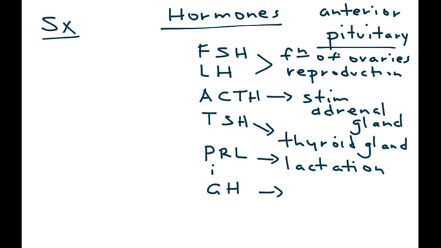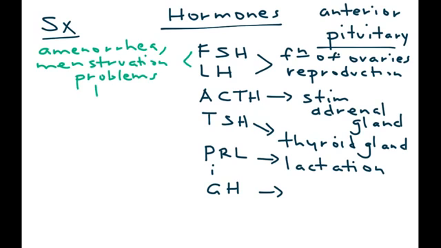So now, if these hormones are not being produced in sufficient quantities, what would be some of the symptomatology? Problems with FSH and LH production would lead to amenorrhea, menstruation problems, and can also lead to decreased libido. ACTH deficiency can lead to low blood pressure, also known as hypotension.